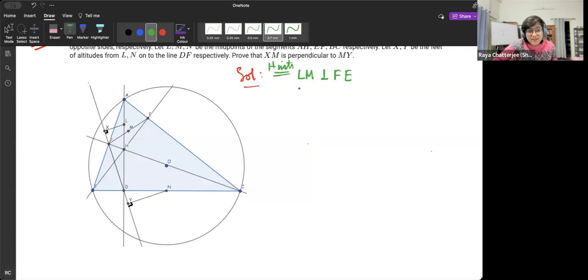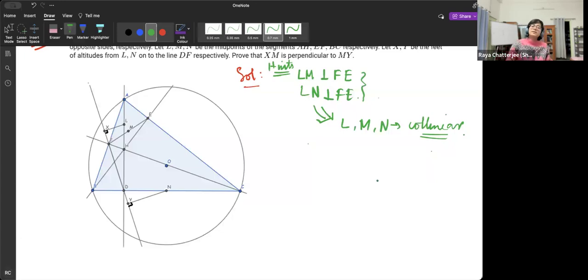And I'm also going to have LN perpendicular to FE. That's what I'm going to have. And from these two, I will eventually be able to conclude that L, M, N are collinear. So that is my aim. That is the first hint, basically.